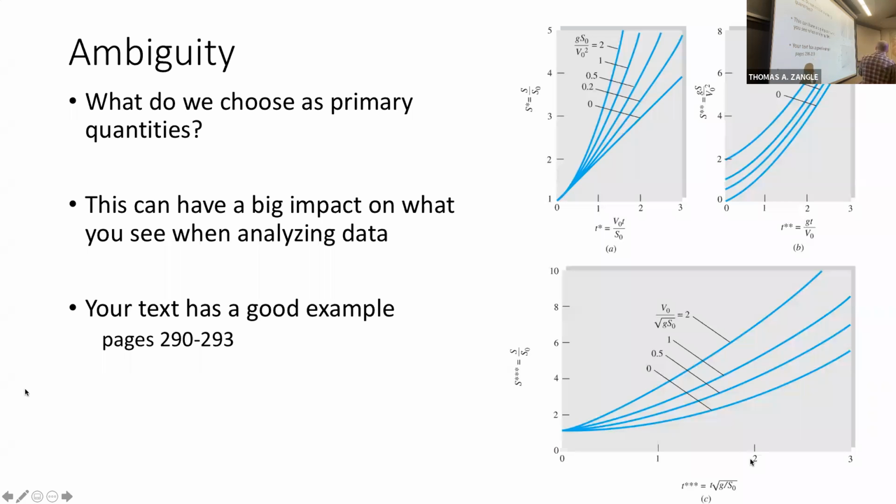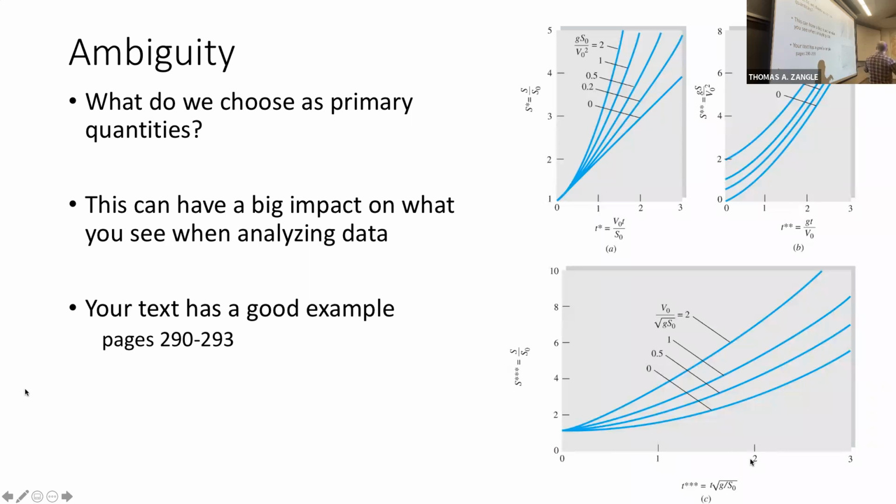So this is an example in your book, really just looking at the position of a falling object as a function of time. A relatively simple, or at least a physics problem that you should have seen in an earlier class. So not even a fluid mechanics problem. And they go through the example of choosing different primary variables to describe the problem and deriving a set of different coefficients or different pi groups to describe the problem.